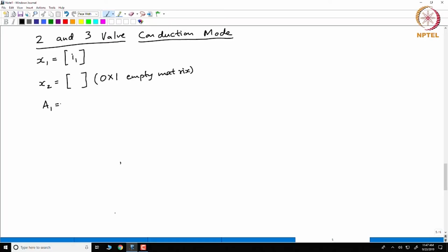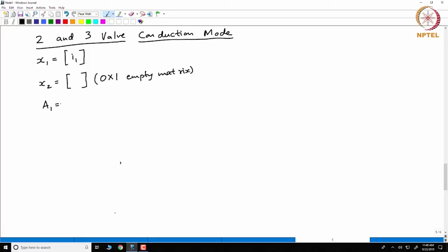One thing to note is that in the first interval of 2 and 3 valve conduction mode, we have a circuit which is the same as the circuit of the second interval of 3 and 4 valve conduction mode. So the same equation holds here. I mean, the same expression holds for A1 and U1. A1 and U1 for this case are the same as A2 and U2 for the previous 3 and 4 valve conduction mode that we saw.